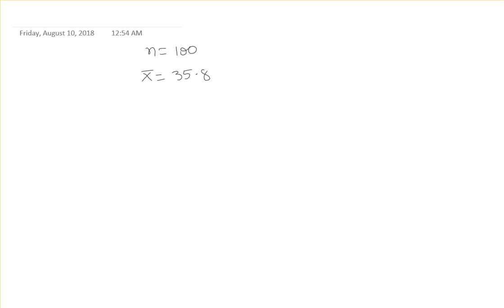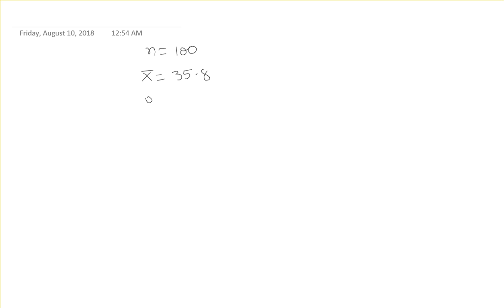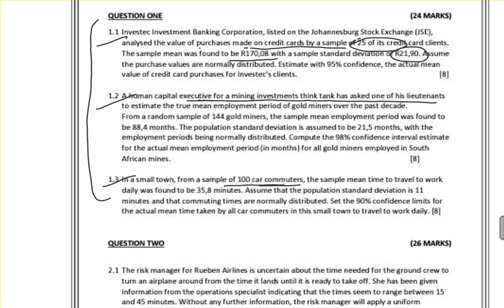Population standard deviation is 11 minutes. Normally distributed, 90% confidence limits.